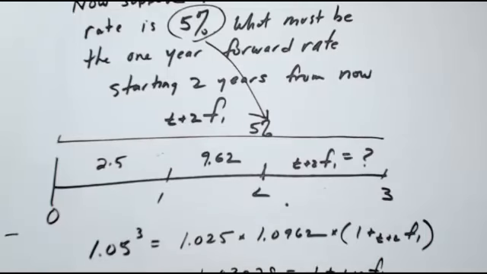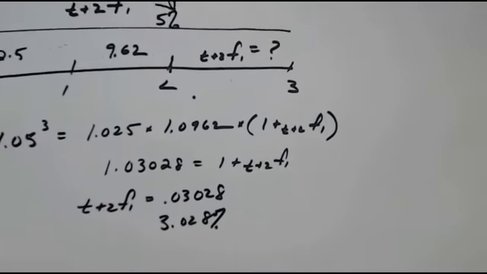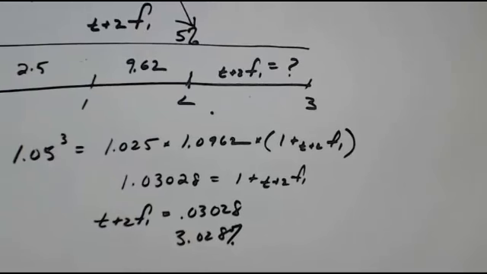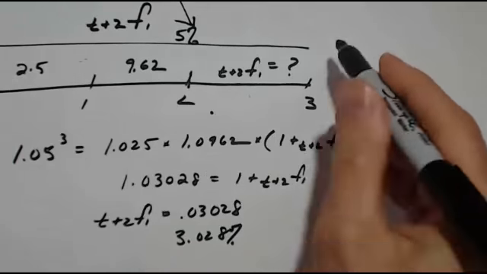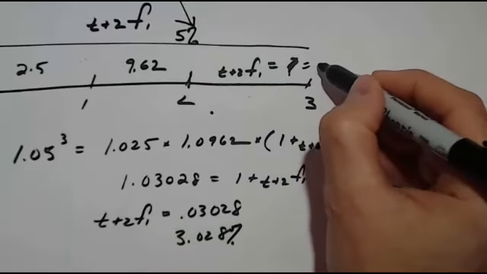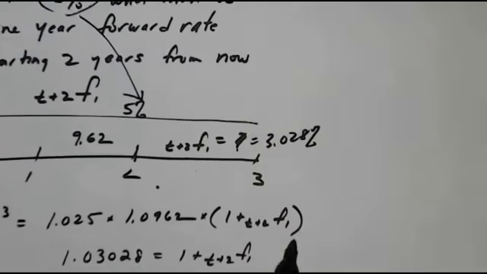That means T plus 2 F1 equals 0.03028, or 3.028%. So there it is. You can do the algebra to solve for this one equation, one unknown. This is 3.028%.